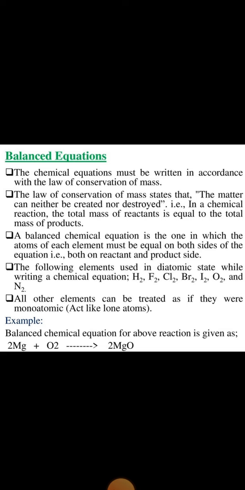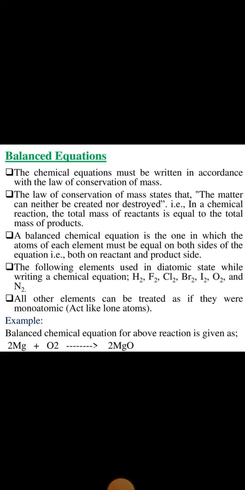But here you can see two magnesium atoms react with oxygen to give you two units of magnesium oxide. Now if you compare the number of atoms on the reactant and product sides, you will see both are the same. On the reactant side magnesium is 2 and oxygen is 2. On the product side again magnesium is 2 and oxygen is 2.